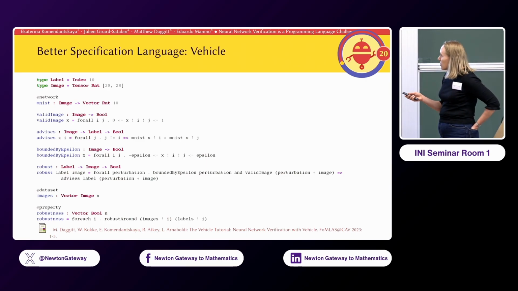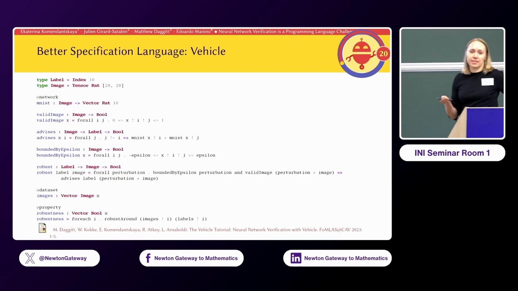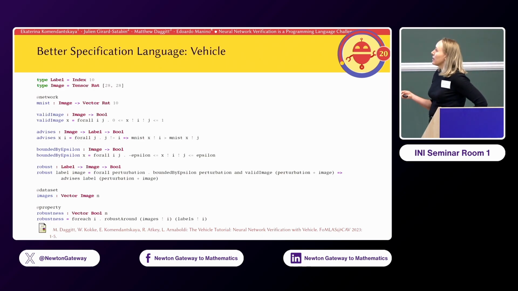I don't really want you to read the whole of it, but if you wanted to write clean specifications, there are a few things you want to say. You want to say what is the type of your inputs and outputs. As types, you want to have tensors of some size.